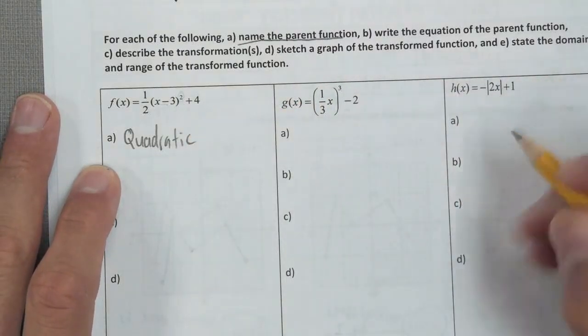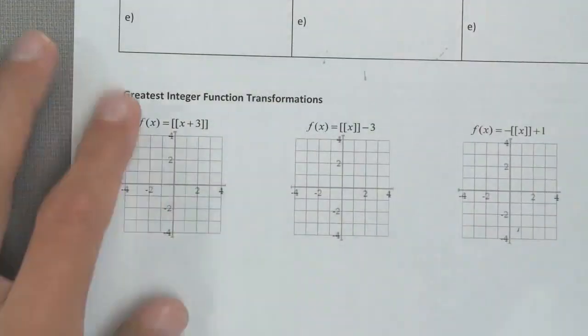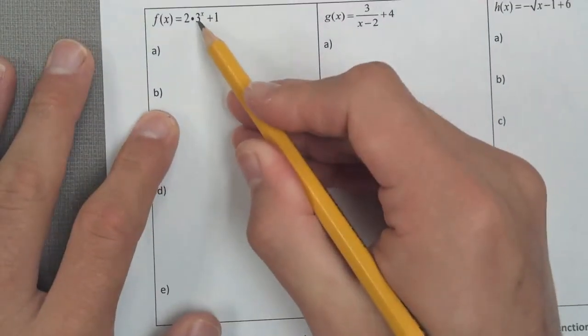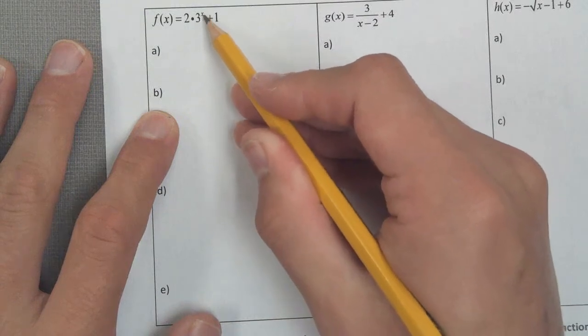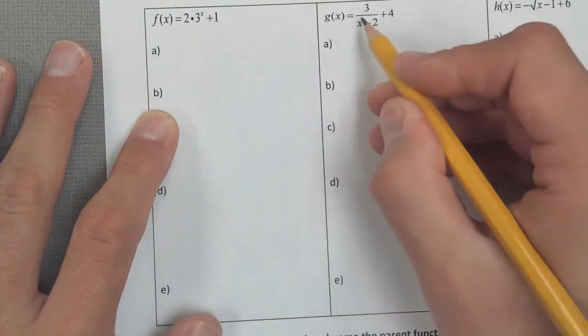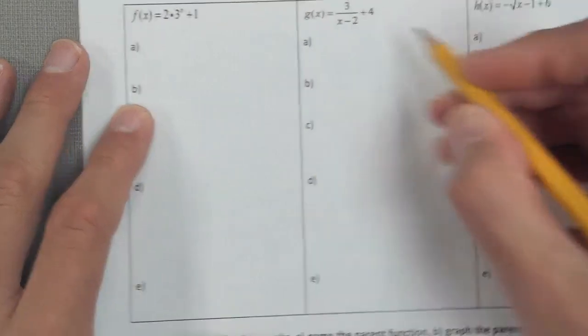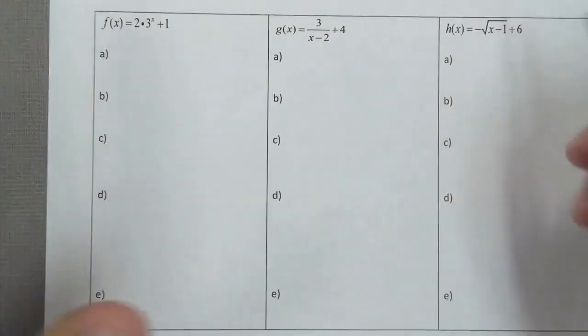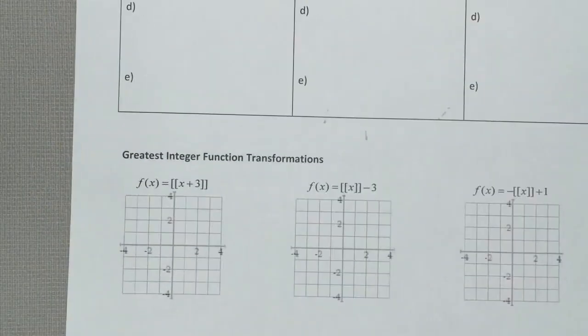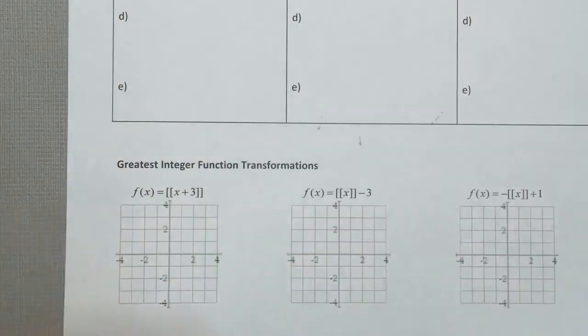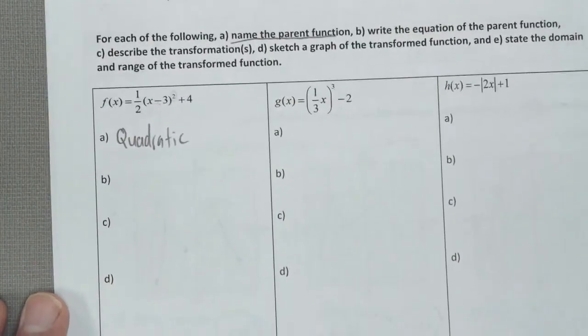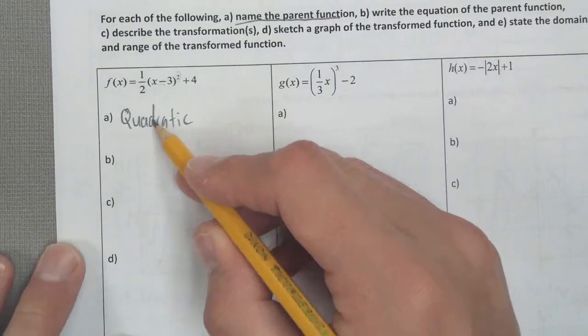I've got absolute value here, and we've got 3 to the x. That's going to be exponential because of the dividing, rational, because of the square root. So that's how you can identify. Those are some of the things that give it away. So that's a quadratic function.